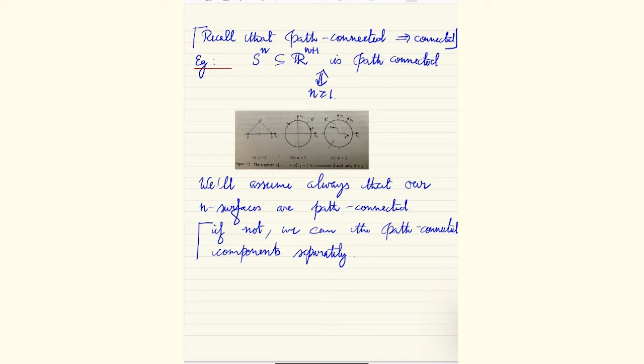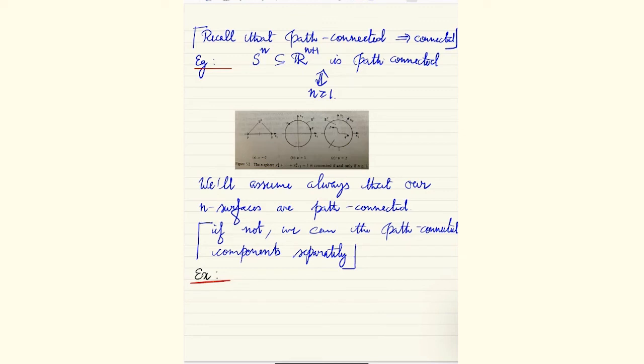So there is actually a nice exercise in the text, which I will mention here. This also is relevant to the comment I made. Why it suffices to look at path connected surfaces.